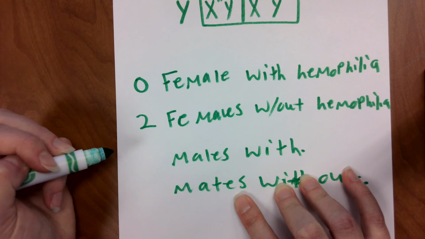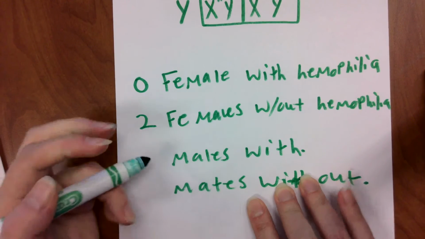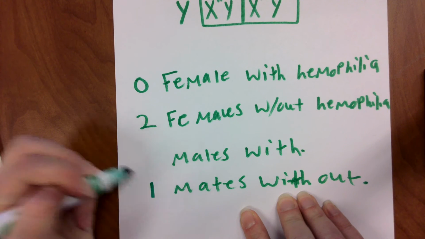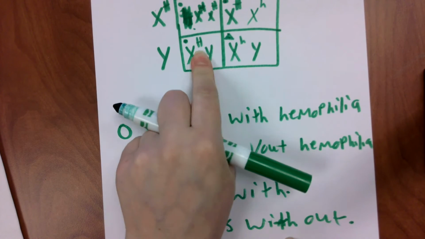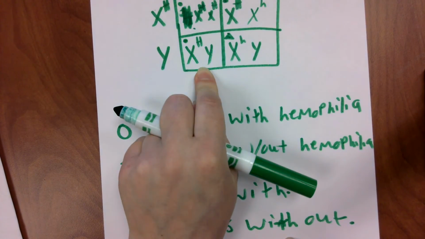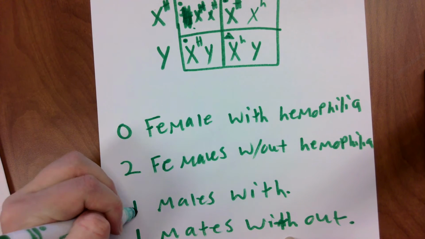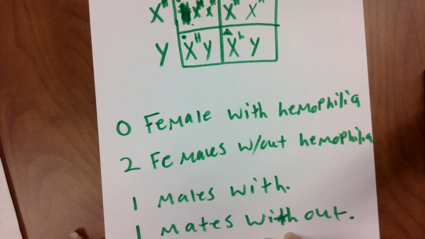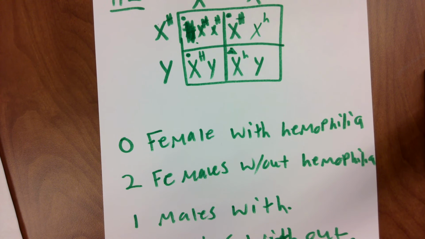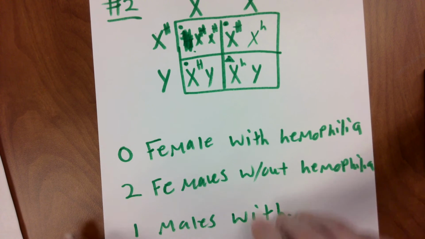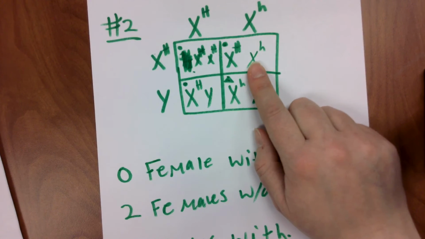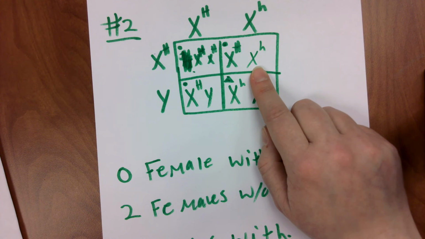And on here, we have 1 male that does not have it because of the big H, and 1 with hemophilia. Okay. You do not need to put down that there is 1 carrier, and this is because we don't know that unless we see what her children have.